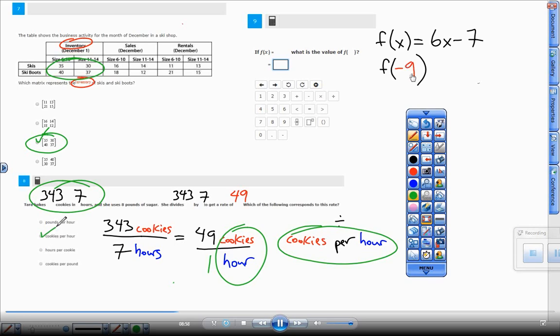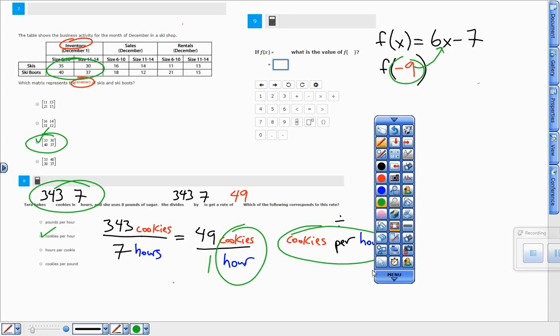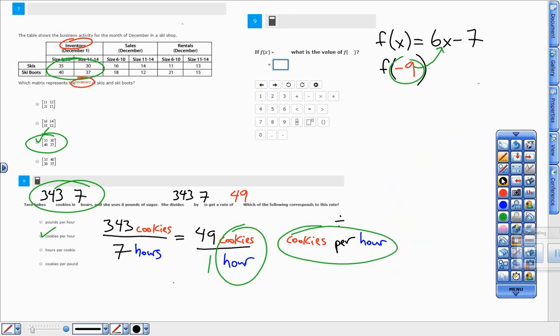Alright, plugging in -9, following the math. Gives me 6 times -9. Make sure again you're using your calculator to do your arithmetic.